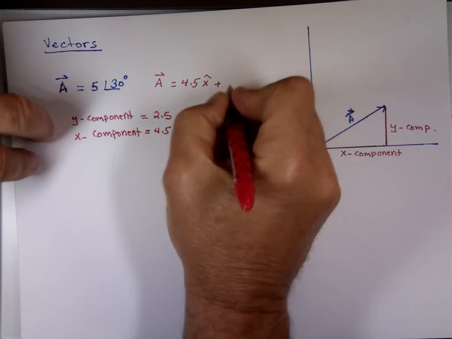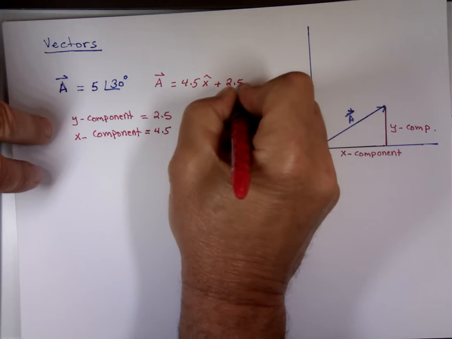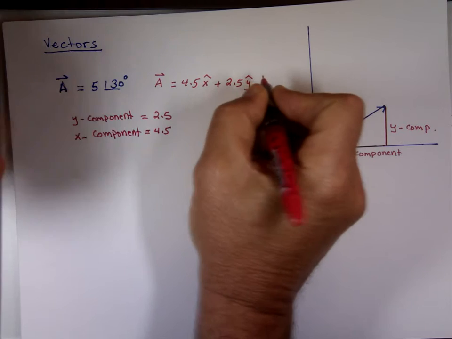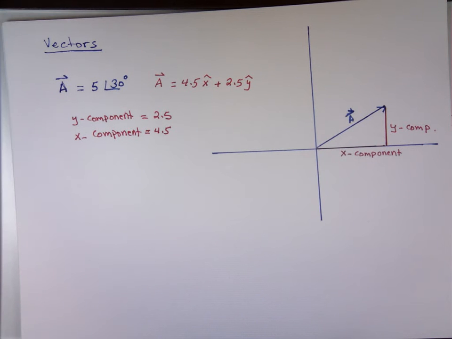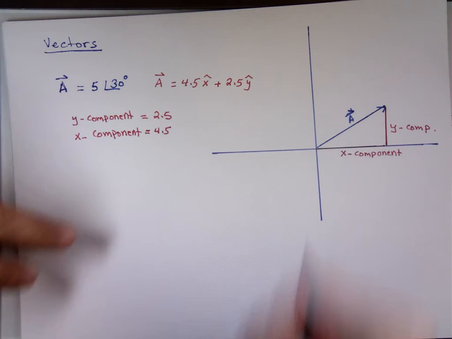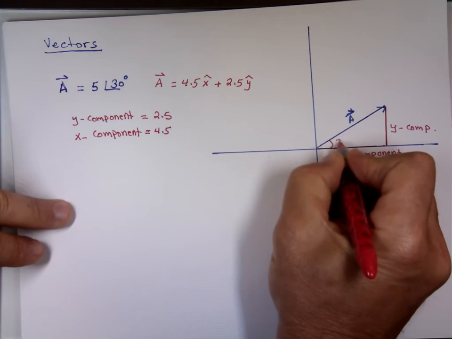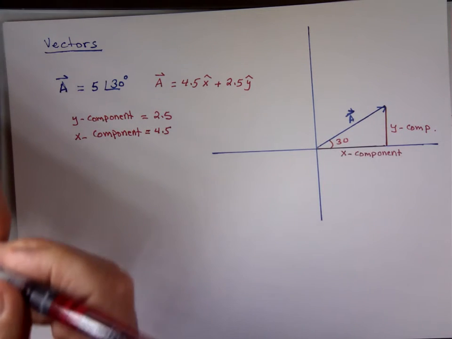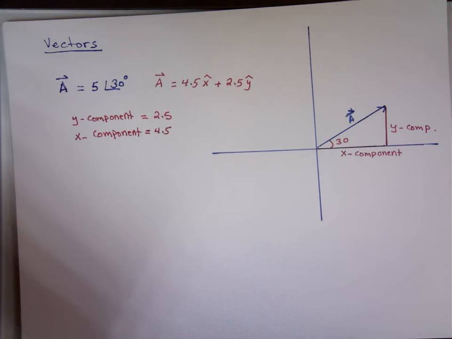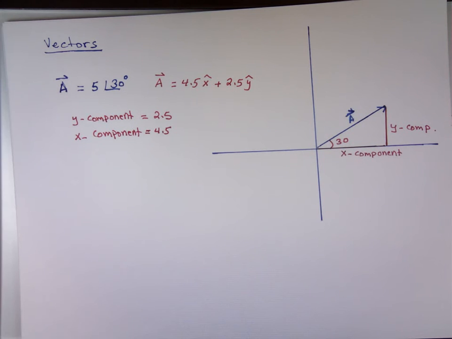And it has 2.5 in the y direction. This angle is 30 degrees. We can test to see if we did it right, by the way. Remember your trig? Trig, we have something called cosine and something called sine. Remember Sohcahtoa?